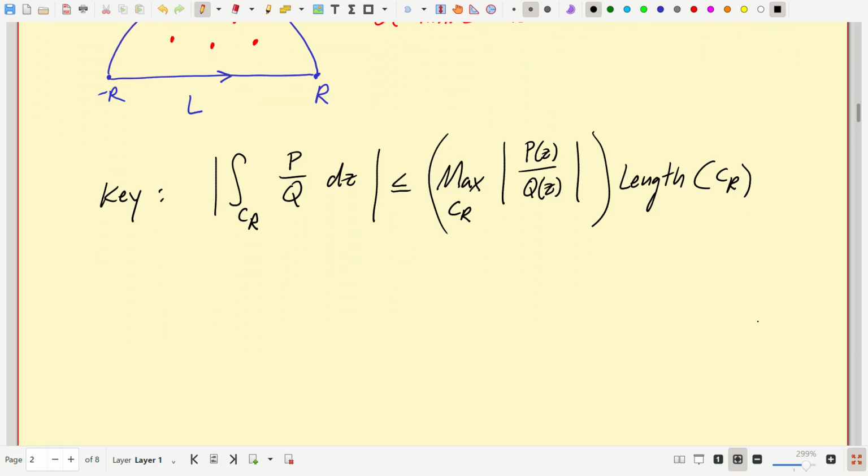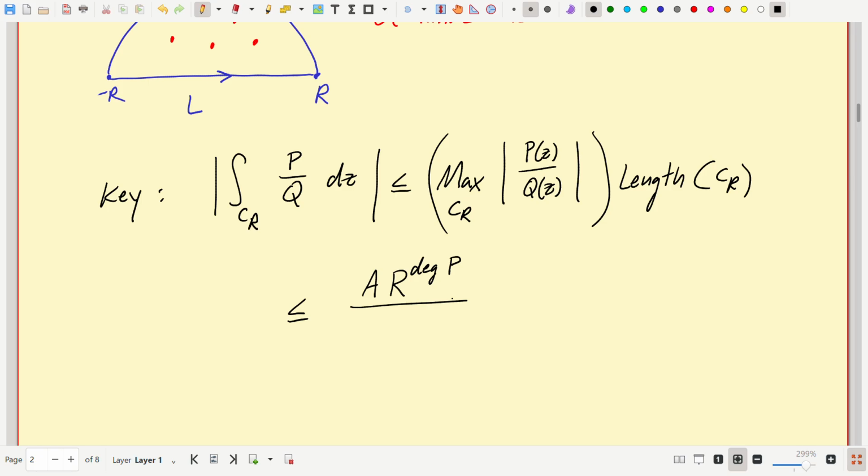And now I'll use the numerator estimate for P because it's in the numerator, and that would give me less than or equal to A times R to the degree of P. The modulus of z would be R on that circle.